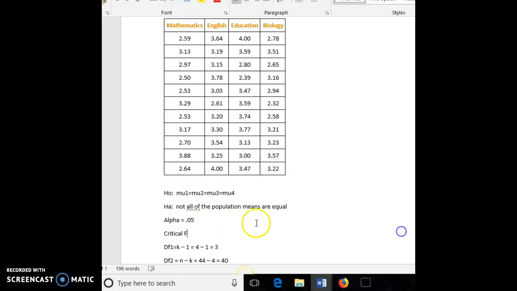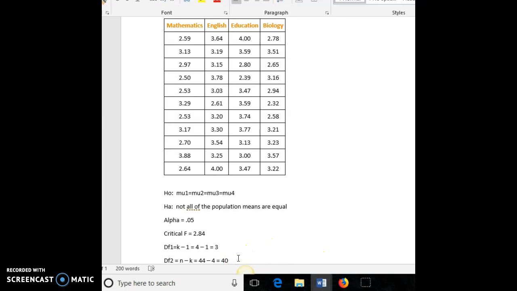All right, so let me put that back on here. Our critical value is 2.84. Now, this is always going to be a right-tailed test, just like our chi-squareds were. So if we get, for our test statistic, anything to the right or bigger than 2.84, we're going to reject the null.